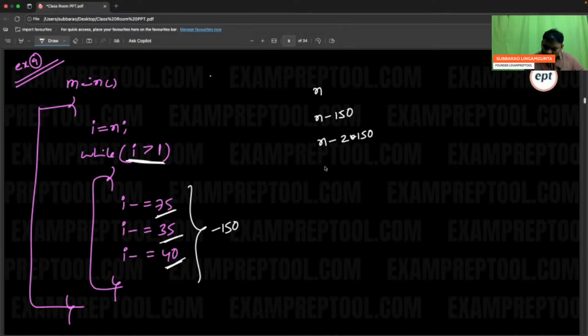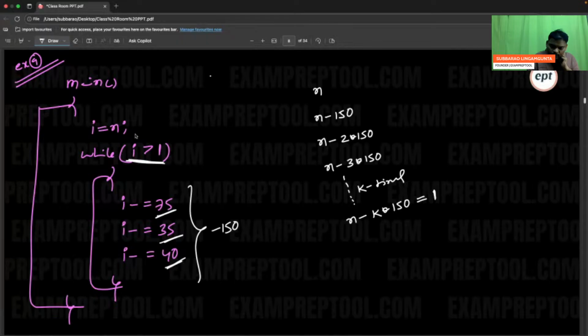Next one, n minus 3 into 150. Continue k times. So n minus k into 150 overall is equal to 1. That's the reason I stopped. Because of decrementing, at some point of time it became 1.